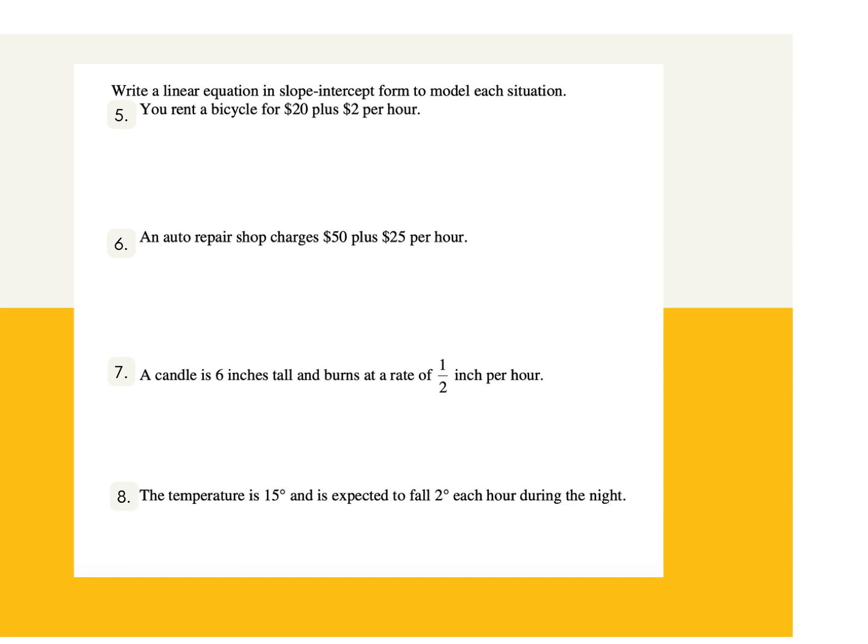Ooh, what the heck is slope-intercept form? That's like this. Oh yeah, one of those. Except it's $20 plus $2 per hour. Heck, by guessing, I got the first part right.